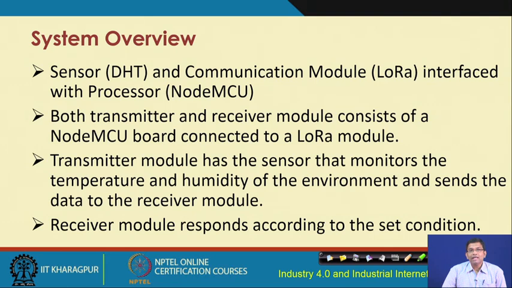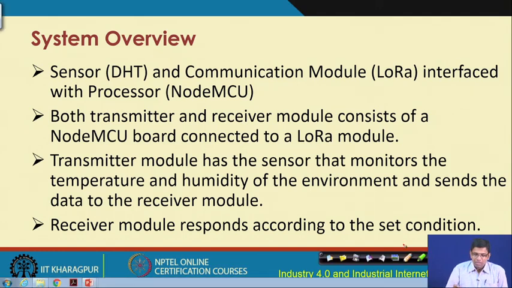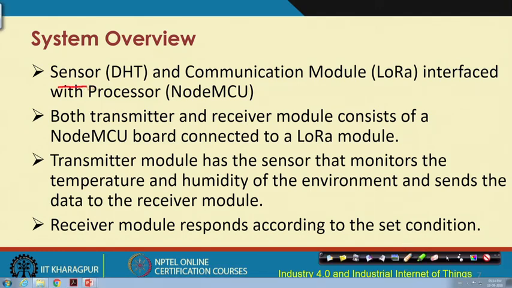So, we are talking about a DHT sensor and a communication module, which is basically the LoRa communication module over here, interfaced with the processor, which is the NodeMCU. So, we have the DHT digital humidity and temperature sensor, we have this LoRa communication module and the NodeMCU processor.